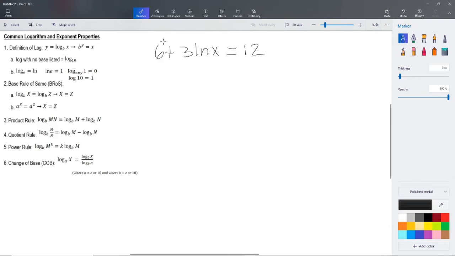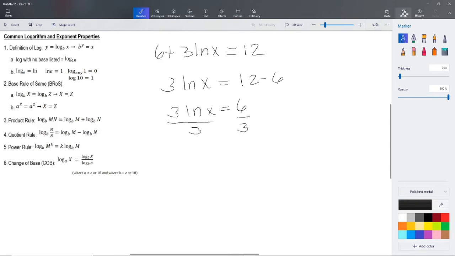The first thing we need to do is subtract 6 from both sides. That makes 3 natural log of x on the left, and 12 minus 6 on the right. Of course, 12 minus 6 is 6, and so we're at 3 natural log of x equals 6. Now we need to divide both sides by 3.